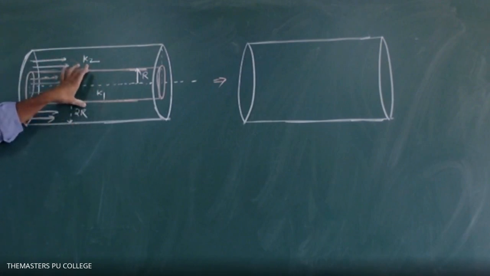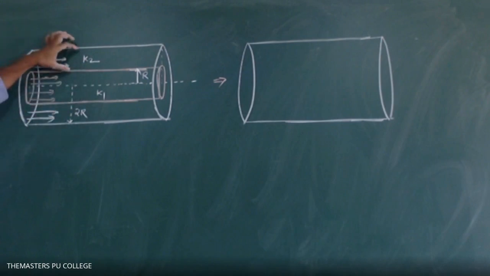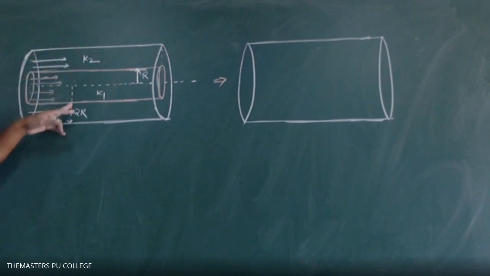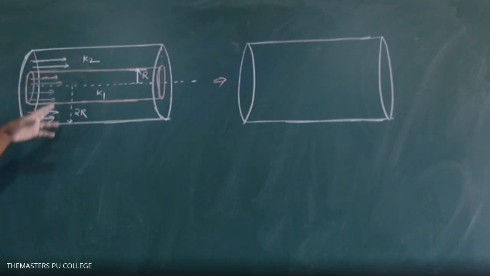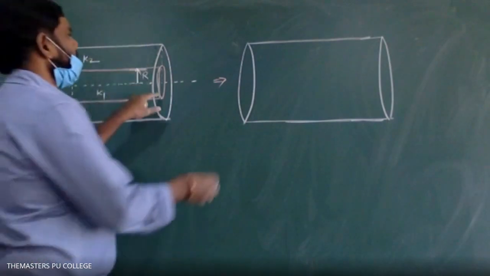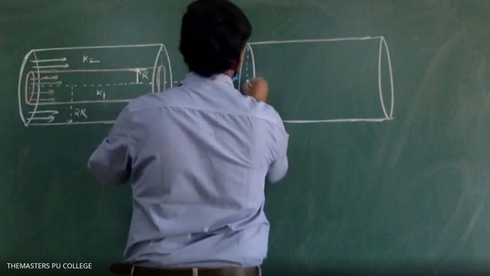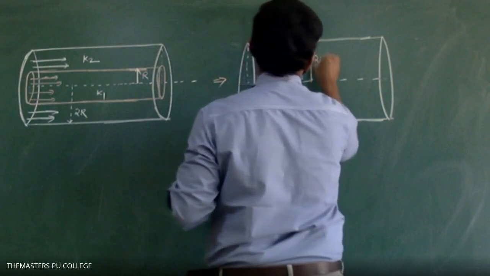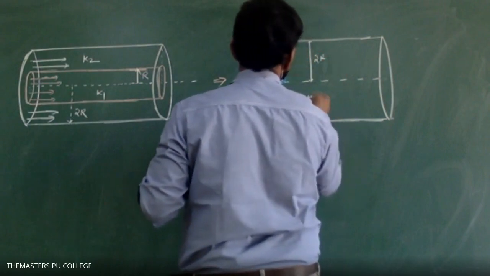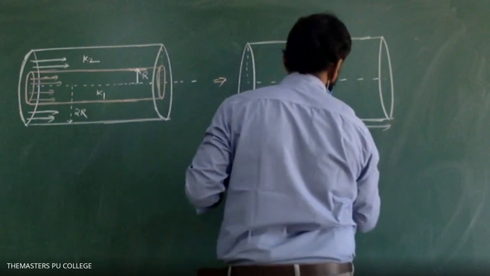The effective area through which the heat will be transferred to the second rod, which is the surrounding cylindrical one, is pi (2r) whole square minus pi r square. That is the effective area. So finally, the equivalent rod is of radius 2r, whose conductivity is K and whose length is also l.